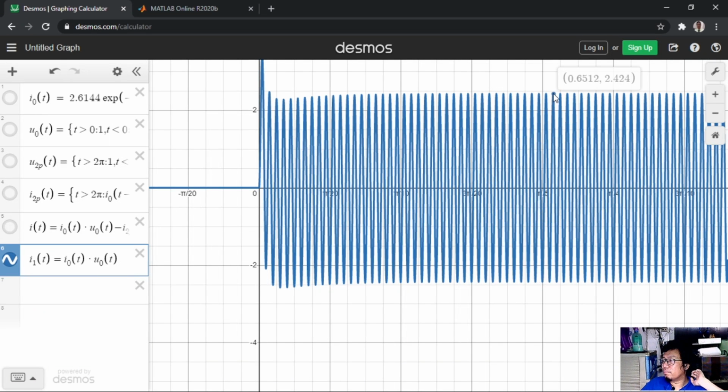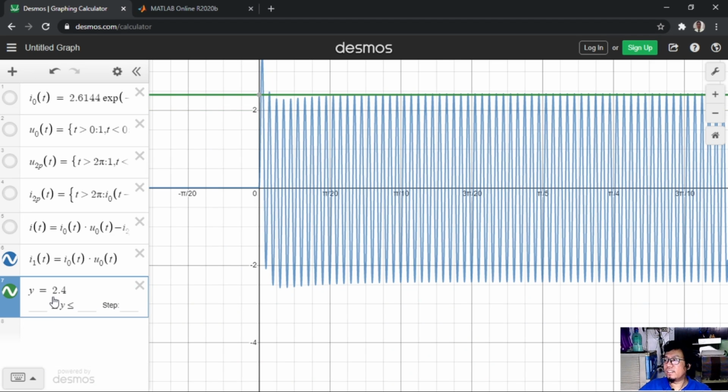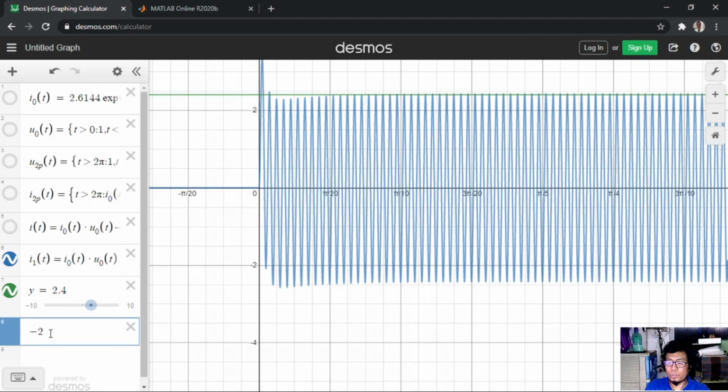Look at the y value. Ayan, mga 2.4, something like 2.4. So that would be its peak value. Let's see. Y equals 2.4. And negative 2.4.